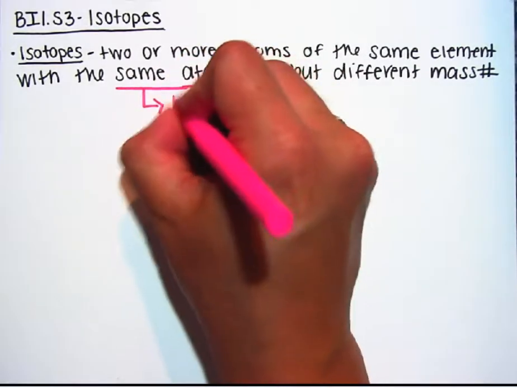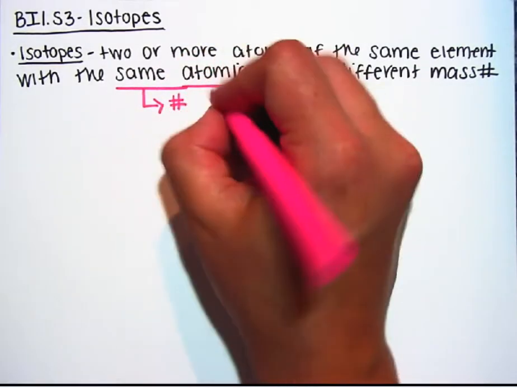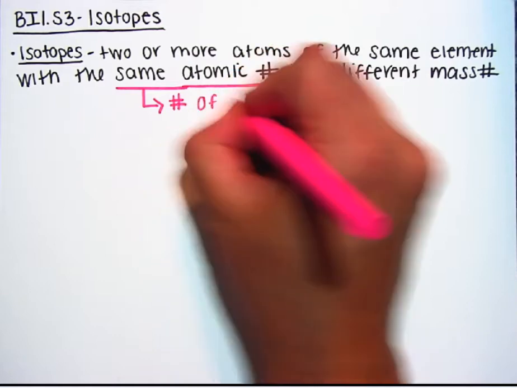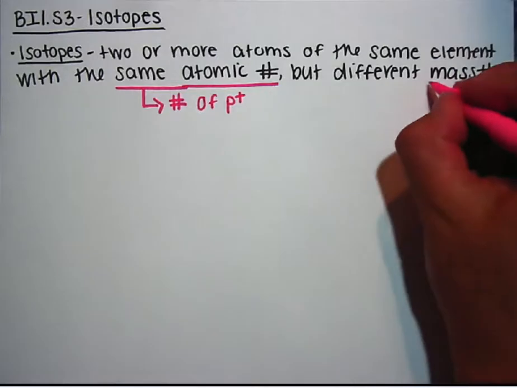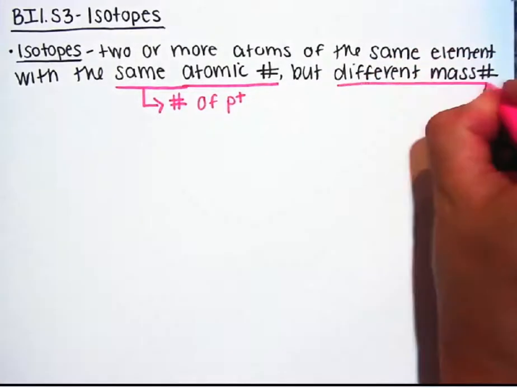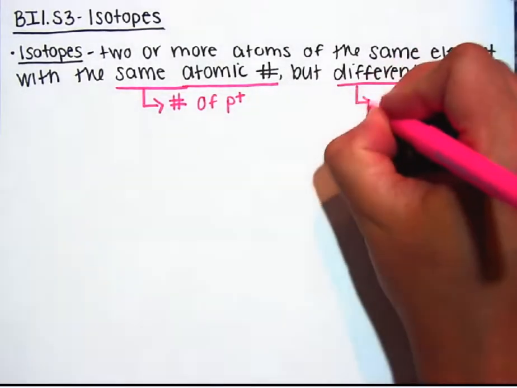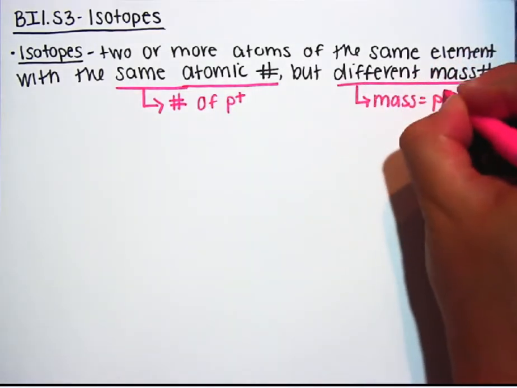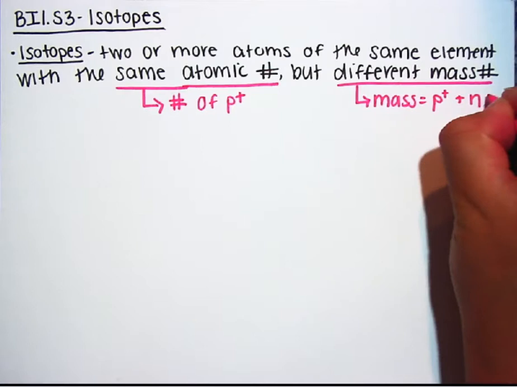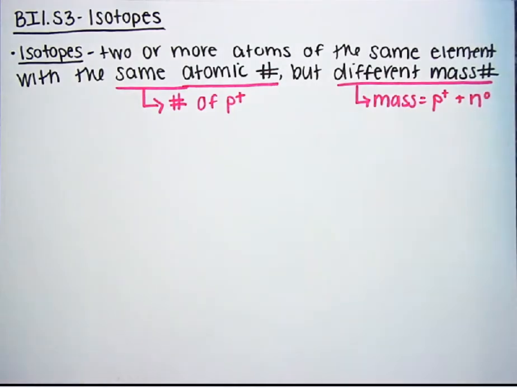Atomic number is equal to the number of protons. But they have different mass numbers. And remember, to get the mass number, we're going to add the number of protons and neutrons together.